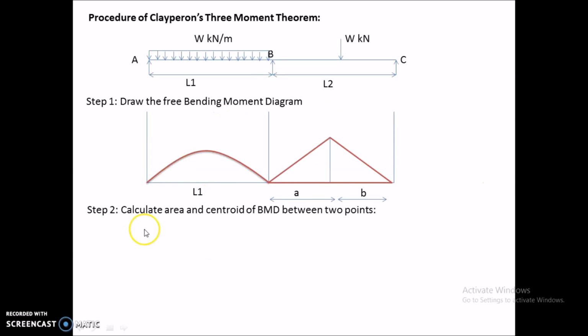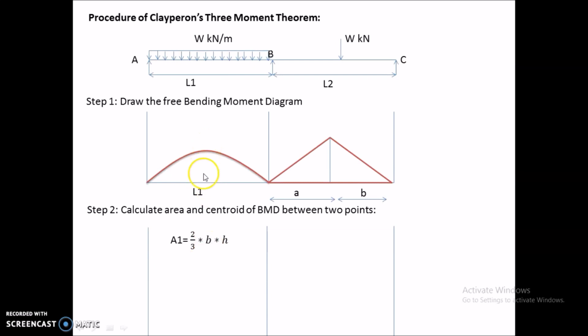Second step is to calculate the area and centroid of the bending moment diagram between the 2 points. So coming to this bending moment diagram, the area of the first part, for the parabolic part, will be 2/3 of base into height.